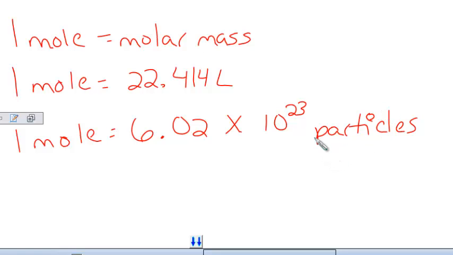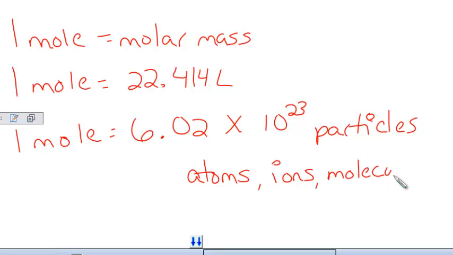Now, particles is a broad term. It's kind of like fruit. But there are other more specific things that can fall under particles. Those are atoms, ions, molecules, and formula units.